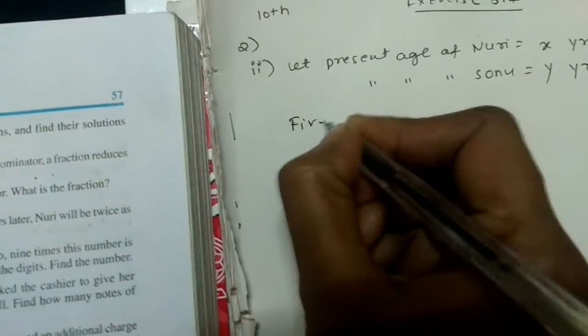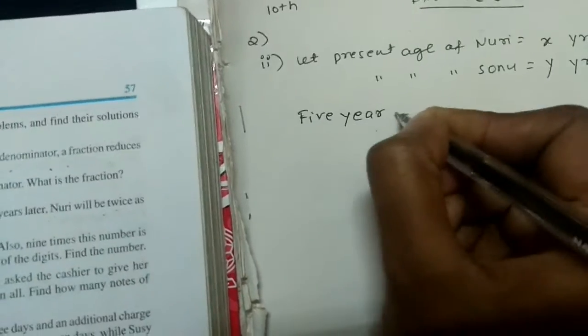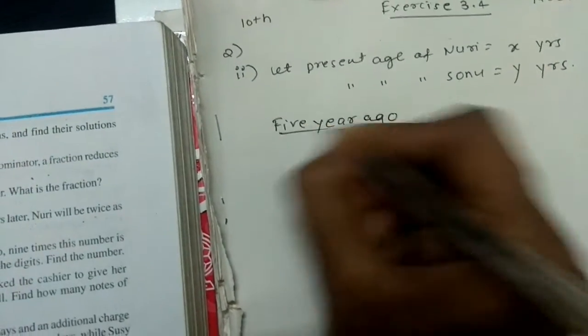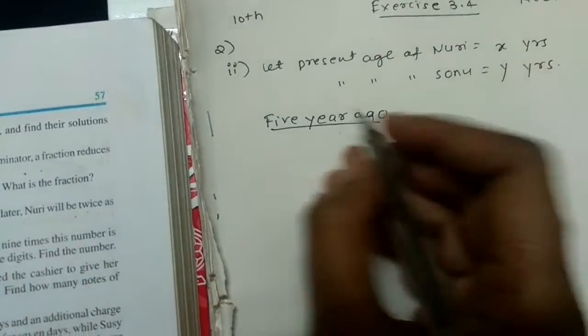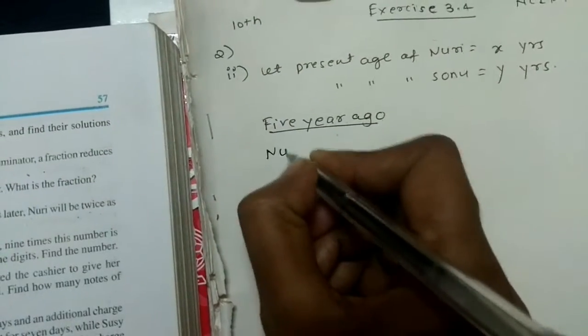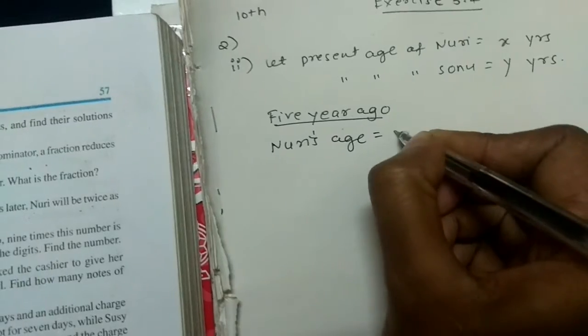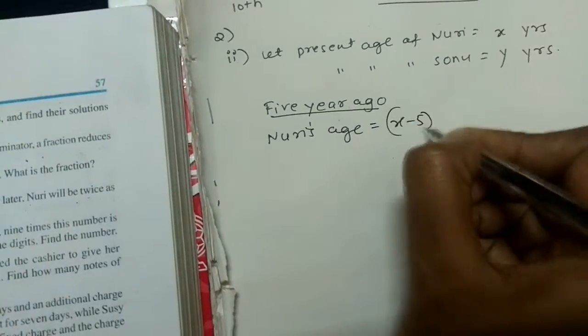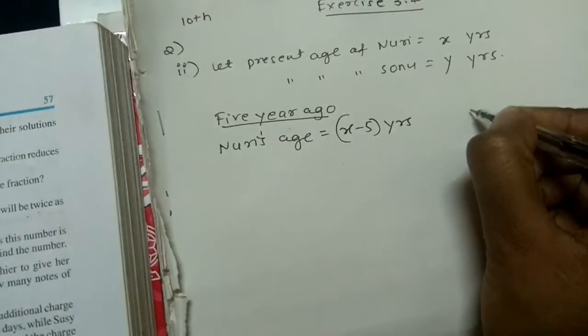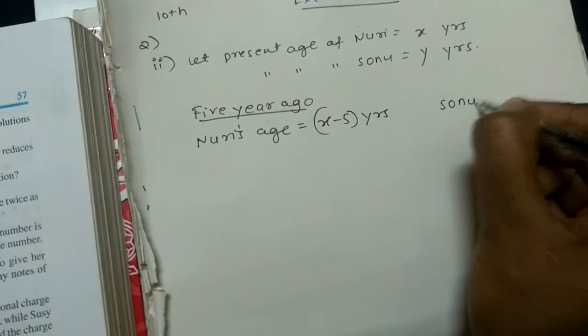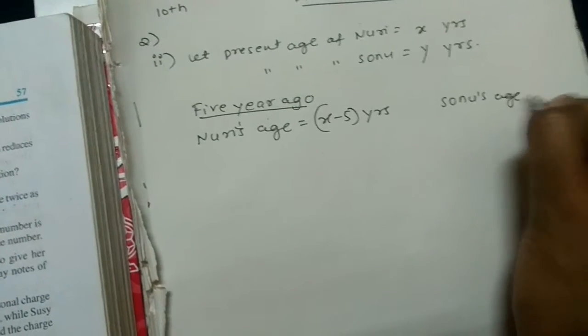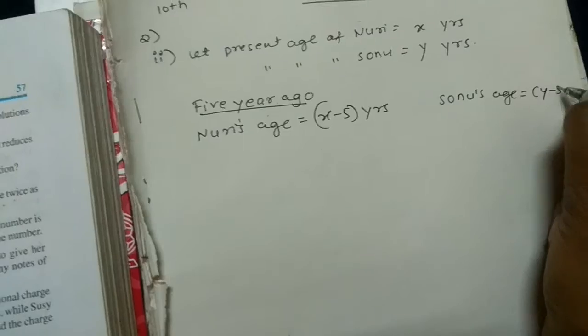So 5 years ago we have to consider what was Nuri's and Sonu's age. Nuri's age was obviously x minus 5 years and Sonu's age was y minus 5.